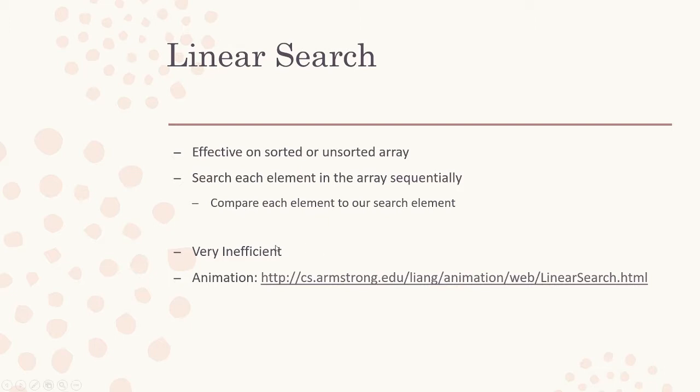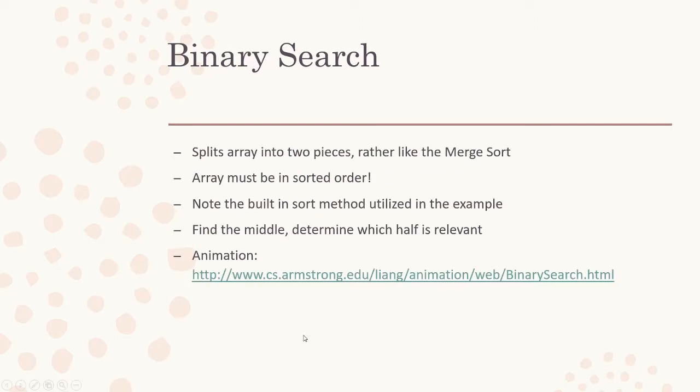Now, a linear search is very inefficient because we are looking at every element in the array. A binary search, on the other hand, splits the array into two pieces, rather like a type of sort we'll look at soon. In the binary search, you can think about The Price is Right. And if you've ever watched the higher or lower game on The Price is Right, you know that a person is given a range, say that this price is between $100 and $600.